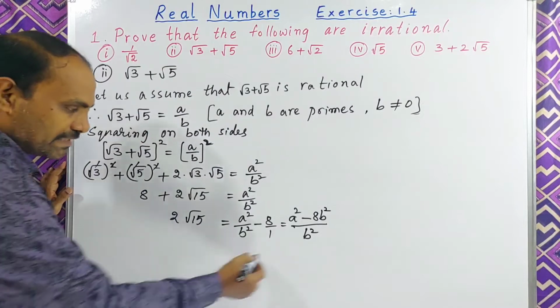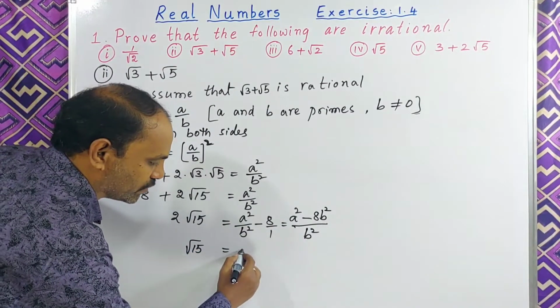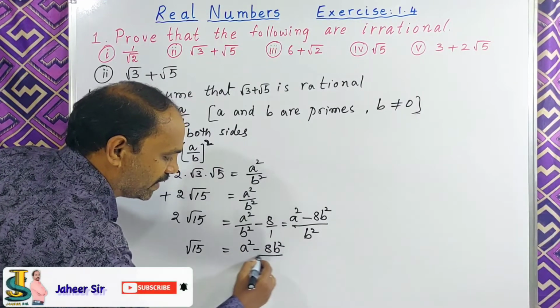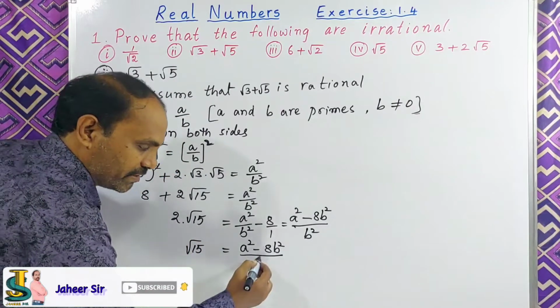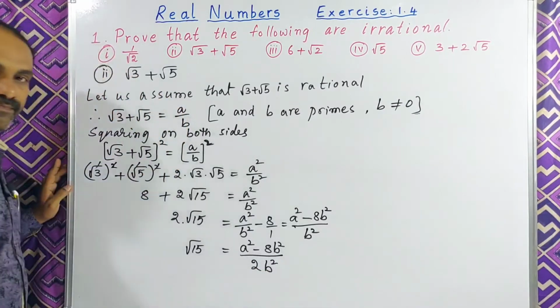Now send this 2 also to the other side: root 15 is equal to a square minus 8b square by 2b square, as the multiplication becomes a denominator.